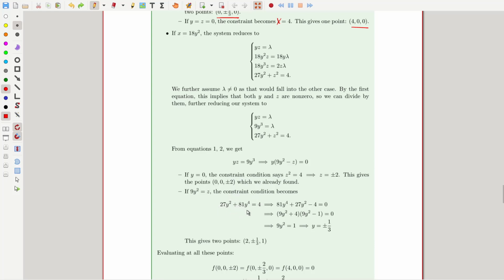So you have y to the 4th and y squared. You should think of this as a quadratic, an extended type of quadratic with a variable substitution. Say we let w equal y squared. You would then be able to rewrite this as a quadratic: 81w squared plus 27w minus 4 equals 0.